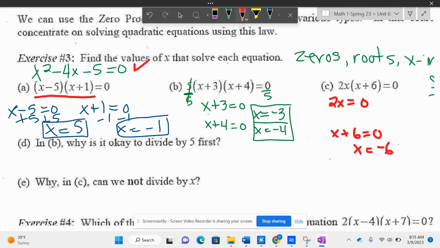For this top example, 2x equals 0, I have to get x all by itself. What is the opposite of 2 times x? Yeah, divide by 2. What is 0 divided by 2, Madeline? 0 divided by 2 is 0, yeah. So these are my two roots. X equals 0 or x equals -6.